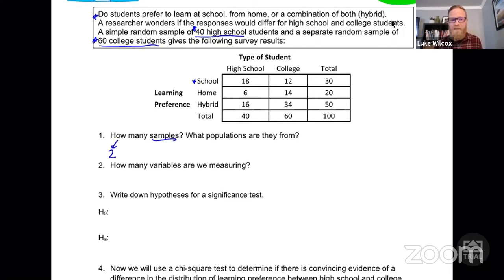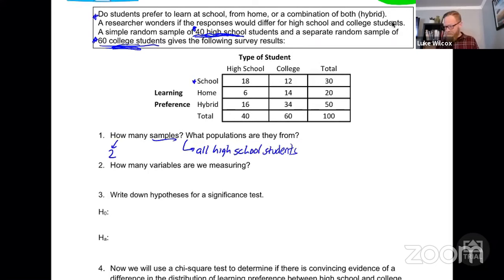Now, to think about the populations, well, the first sample here of 40 high school students is a random sample of all high school students. So I would say that the first population here is all high school students. And then of course, the second sample is a random sample of college students.